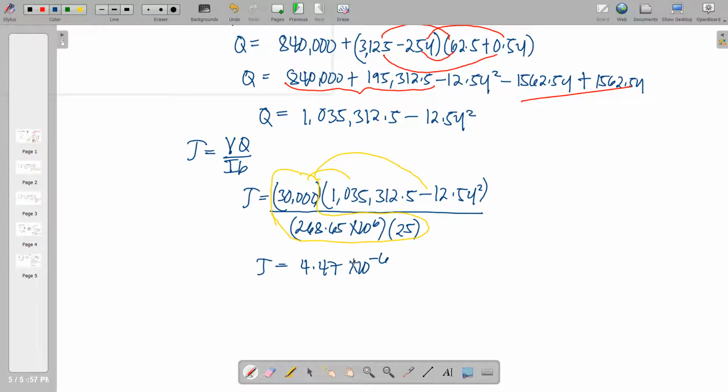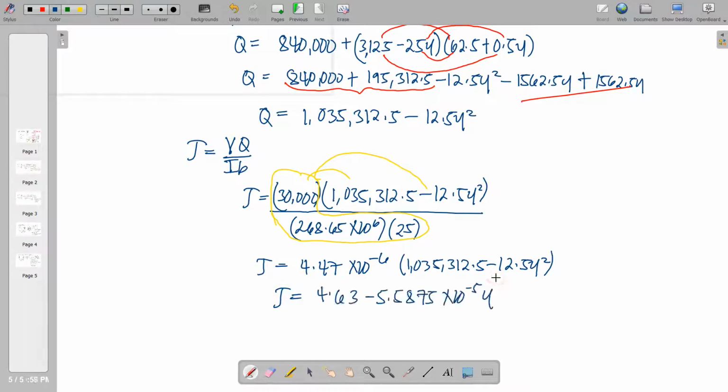So we have 4.47 times 10 raised to negative 6 as the value of this constant. Then we just copy that one and then distribute. And finally, tau will be equal to 4.63 minus 5.5875 times 10 raised to negative 5 y squared.